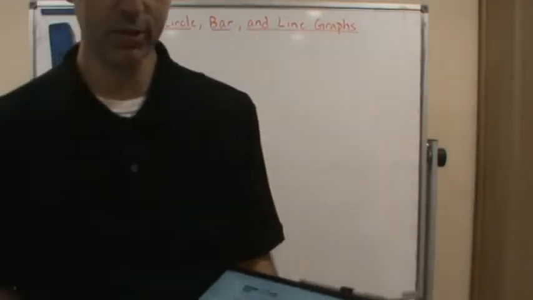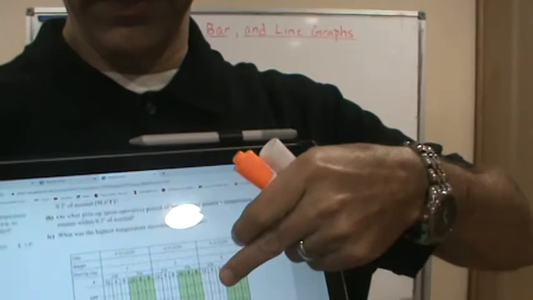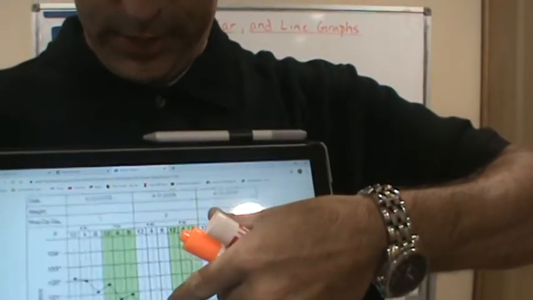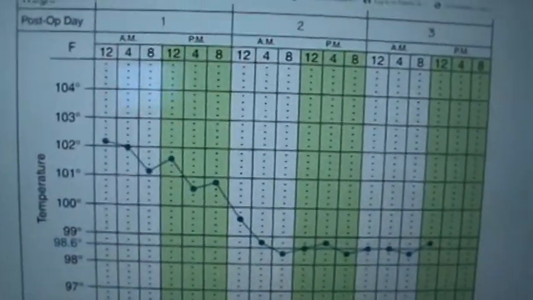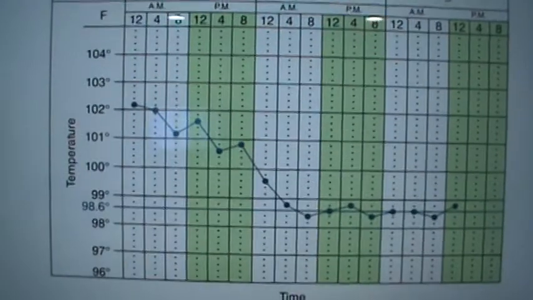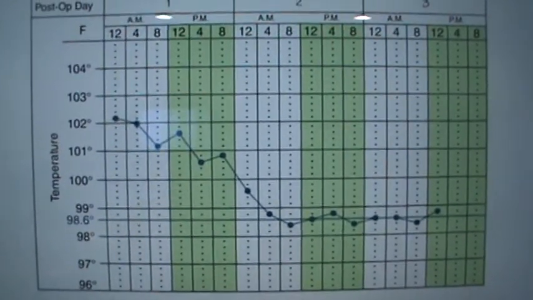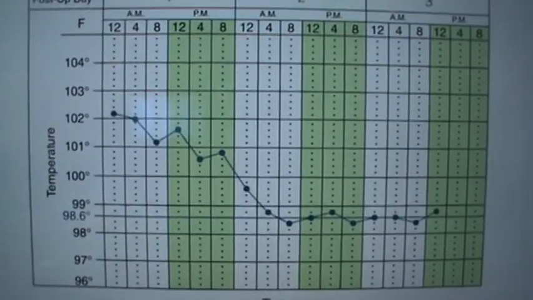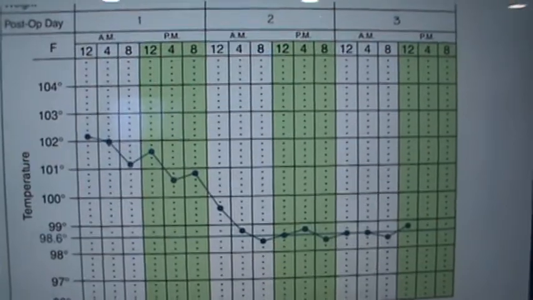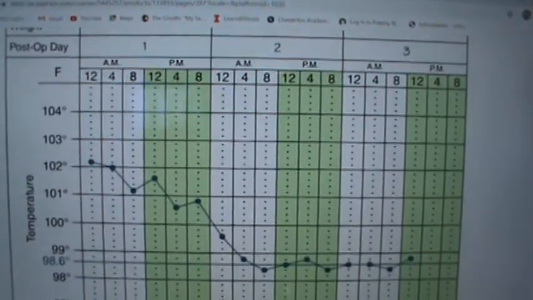Let's read this graph a little more. Notice the tick marks, those little dots going vertical, up and down. Each one of those dots going up represents 0.2 degrees.